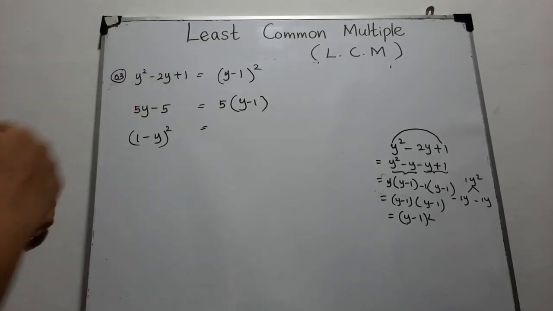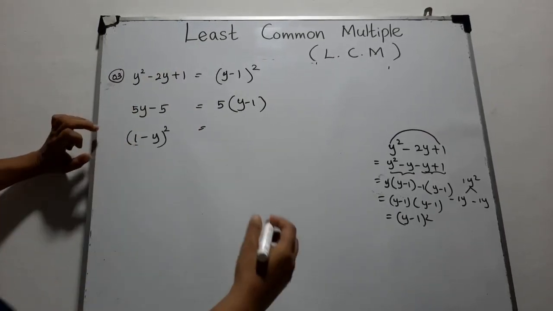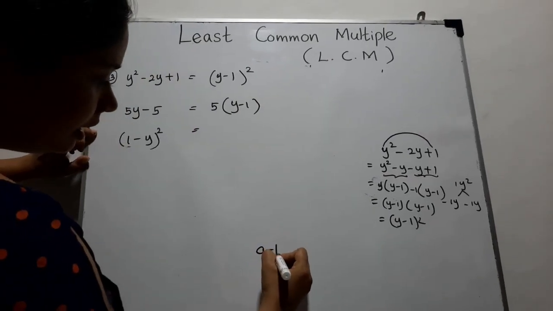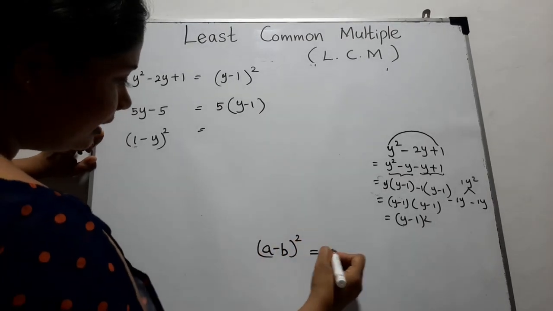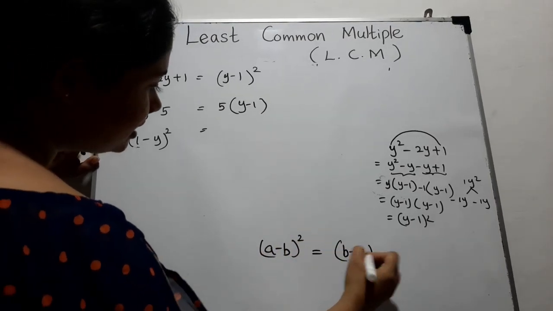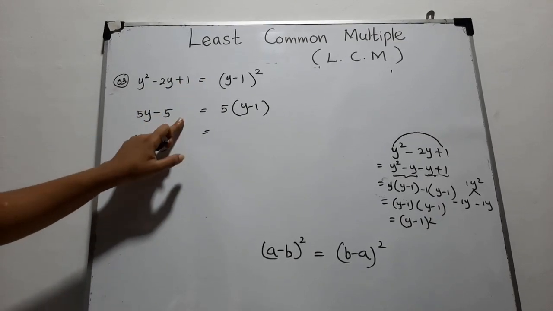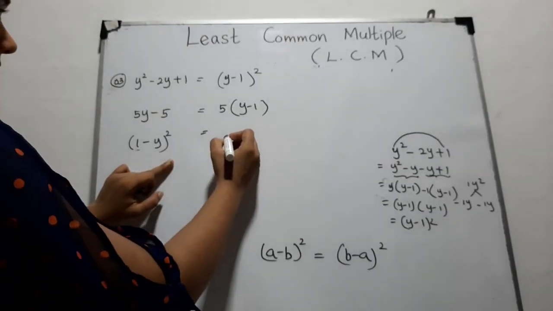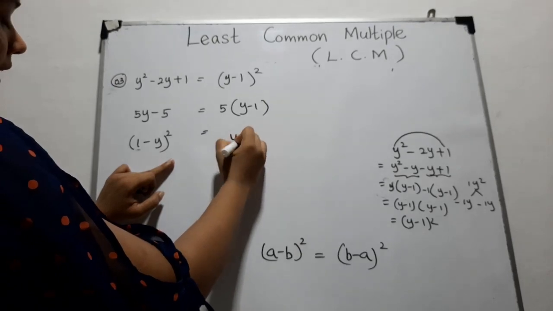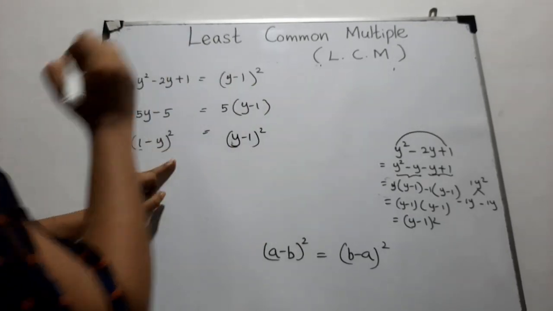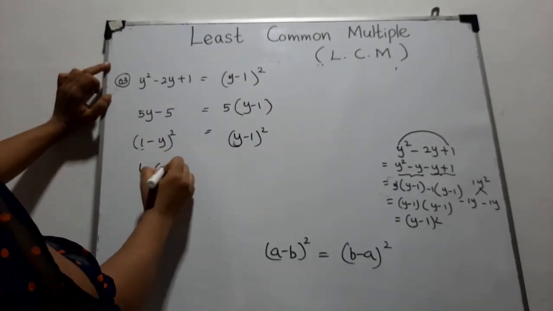In the previous example, we learned a special fact. Can you remember? (a minus b) squared equals (b minus a) squared. So here (1 minus y) squared can be written as (y minus 1) squared. Now LCM.